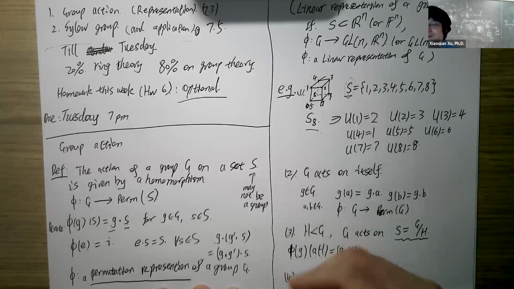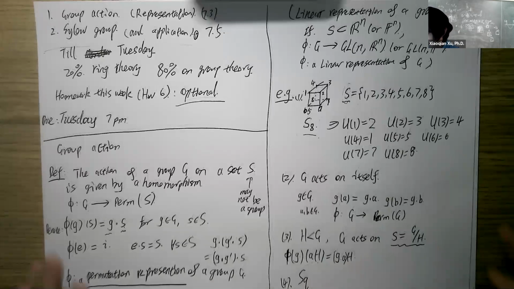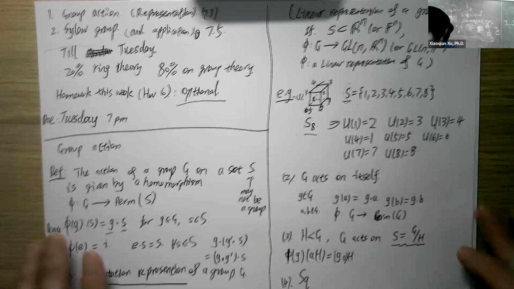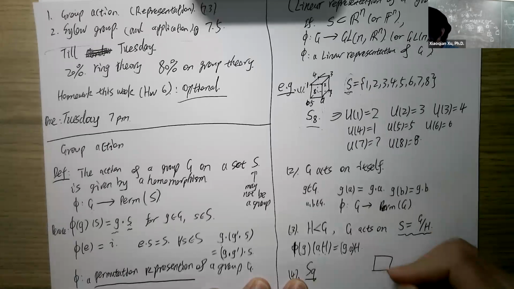And the last example is where we can go back to our geometry example, which is the symmetric group of a square. This group can act on this 1, 2, 3, 4, this square.